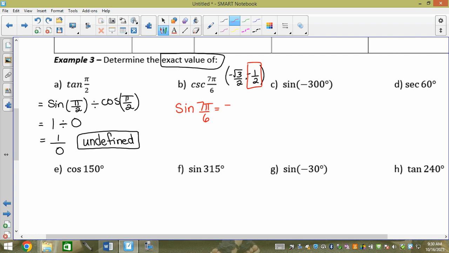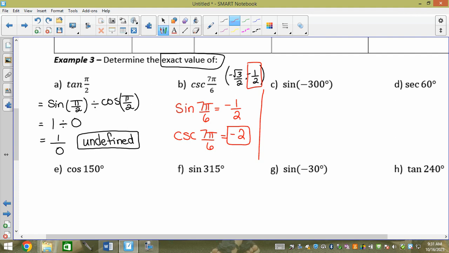So what then is cosecant of 7 pi over 6? Negative 2. Do you see how we're just flipping the other one? Because it's the reciprocal. Reciprocal means inverse, means flip.